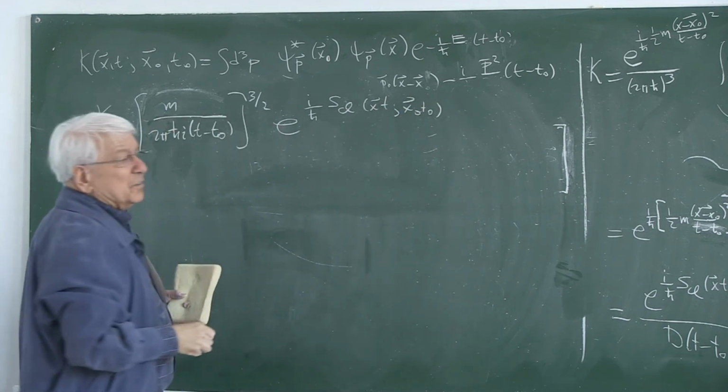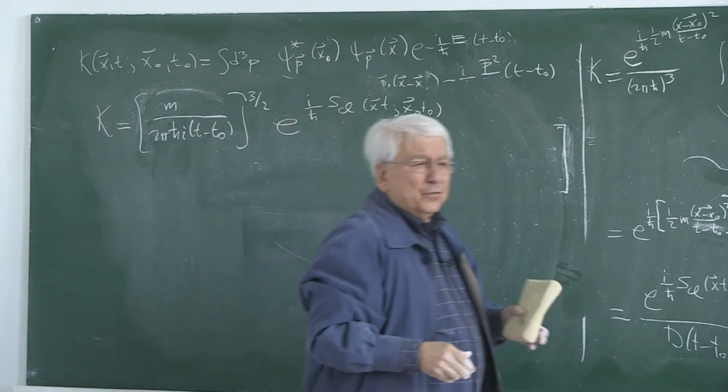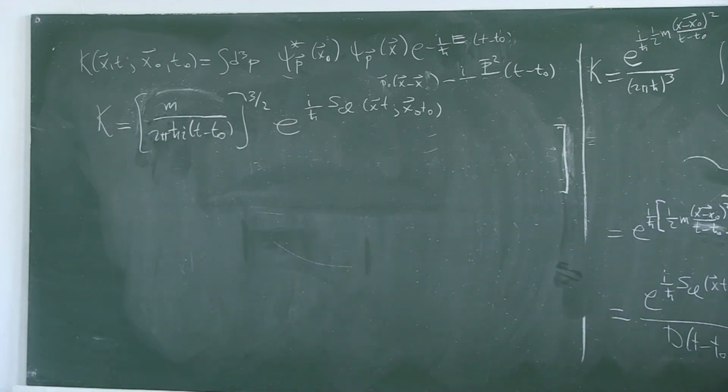That is the result for this K. So you can use this for finding any future value of the wave function if you know the initial value. It's a simple thing.